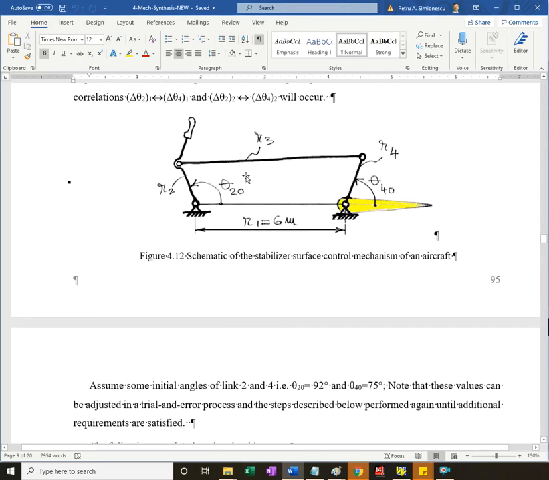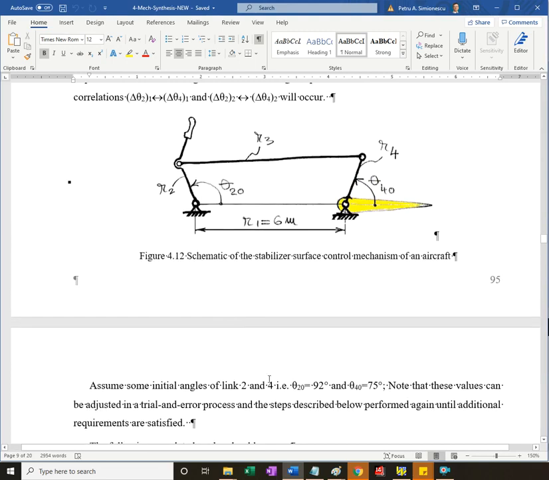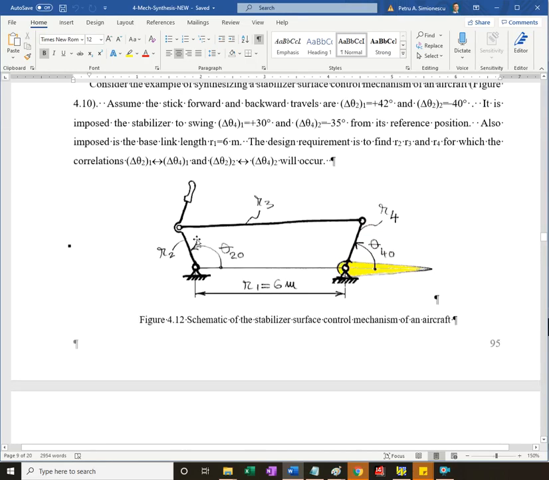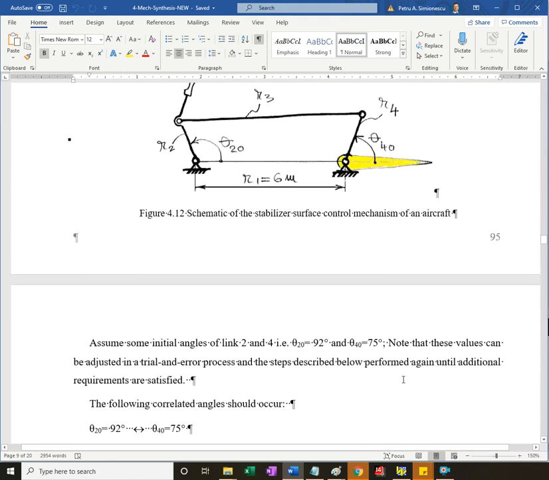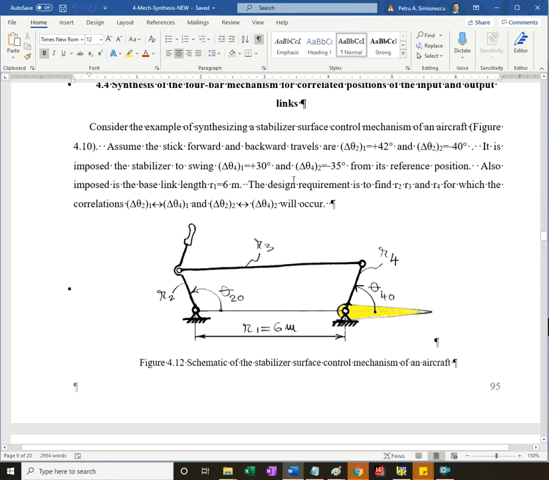Okay, so we need to assume theta 2 to be 0. We need to assume theta 4 to be 0. In addition to being imposed, we assume that, but we are given the forward and the backward angle, and likewise for the output link. Okay, so the text of the problem says that backward travel is 42 degrees.